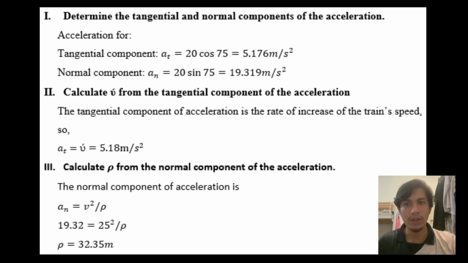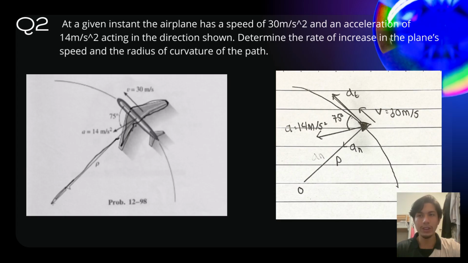The normal component of acceleration is An equals V squared over rho. Putting the normal component into this formula, we get 19.32 equals 25 squared over rho, and we get rho, which is 32.35 meters.